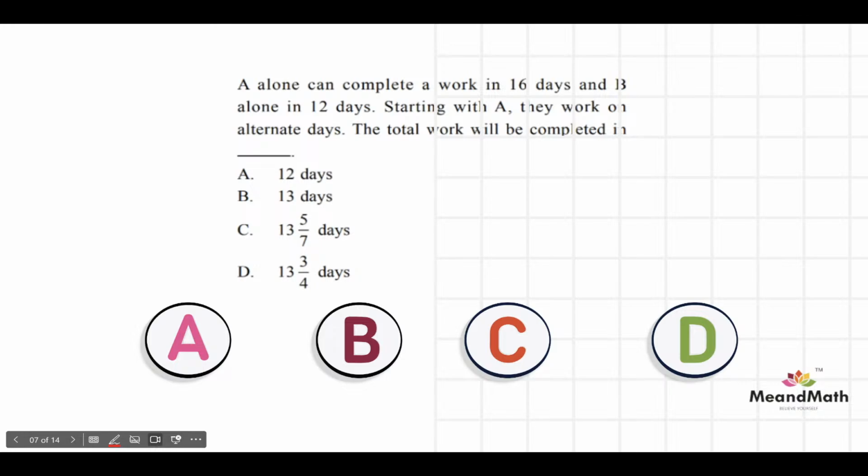A alone can complete a work in 16 days. B alone in 12 days, right? This is the first information given to us.